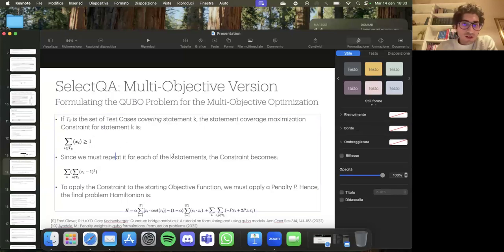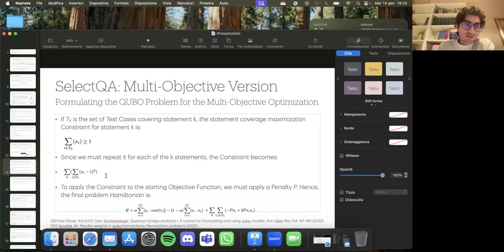Since we have to repeat this for all the statements, but also since I needed an expression that I could insert in the initial equation to express the connection between two test cases that cover the same statement, which at the same time I also want to minimize.